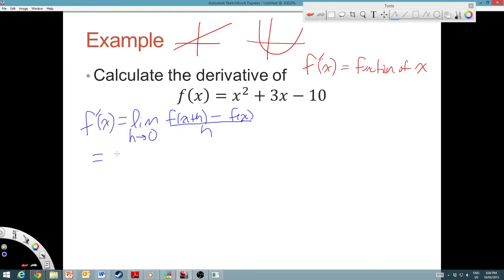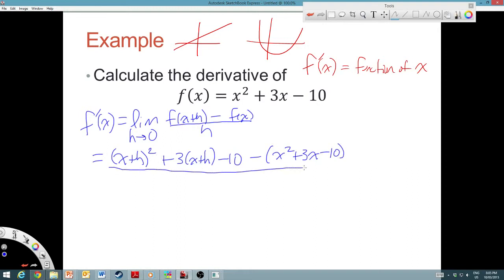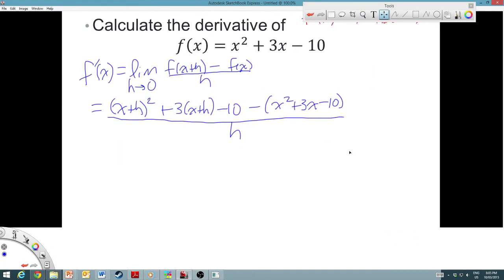We'll get (x plus h) squared plus 3 times (x plus h) minus 10 minus, and again in brackets so I don't forget that we're subtracting the entire function and not just the first term. There we go. All over h. I'm kind of ignoring the limit here just to save myself a little bit of writing.